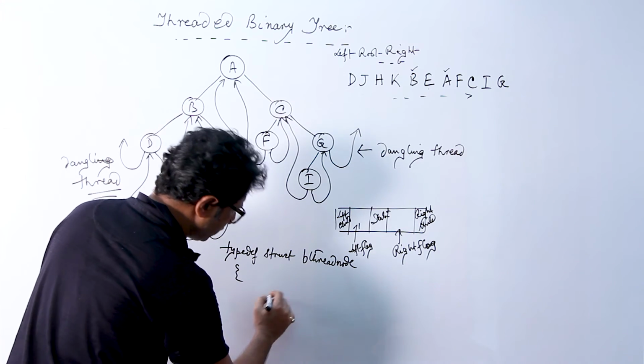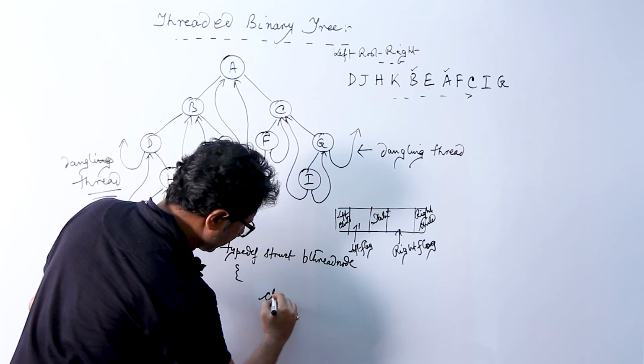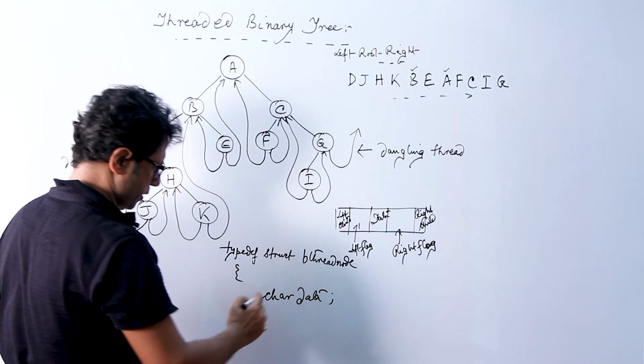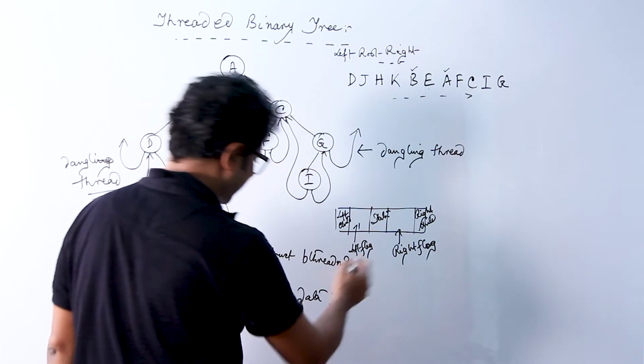It will contain, suppose, a data part. Here we have used character data, that's why I am writing char data, and now there will be two integer variables, that is the left flag and right flag.